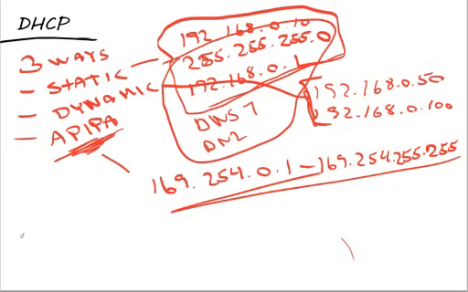What happens is, let's say you have a switch. Hope you like my drawings. And you have a computer here, and another computer over here, and we just plug these two computers straight into the switch, no other connections. They will grab one of these APIPA addresses so that they can speak to each other.